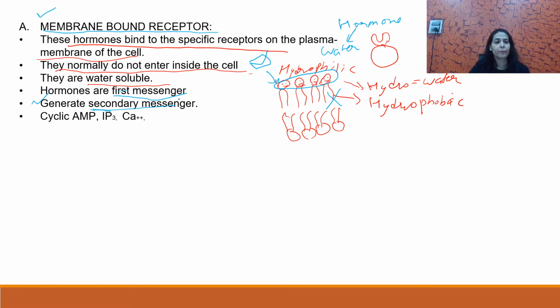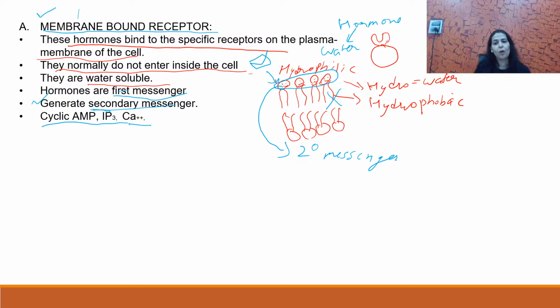What are the second messengers? Second messengers are cyclic AMP, inositol triphosphate rather, and calcium. These are the second messengers. So the hormone comes to the plasma membrane, delivers the message from the plasma membrane, then goes inside in the form of second messenger.